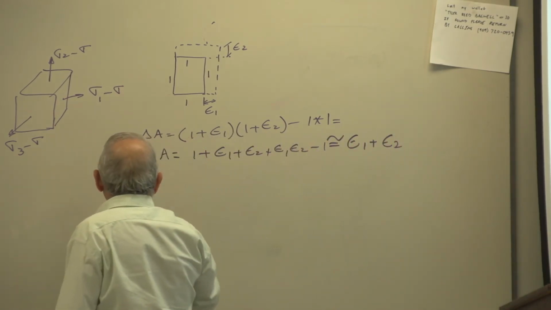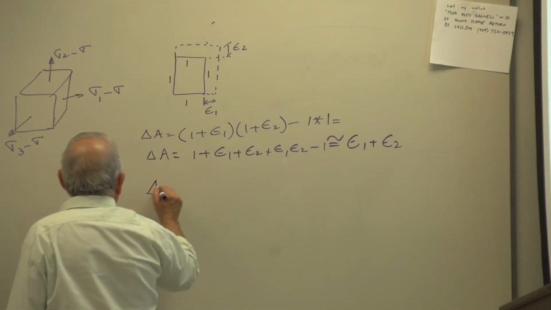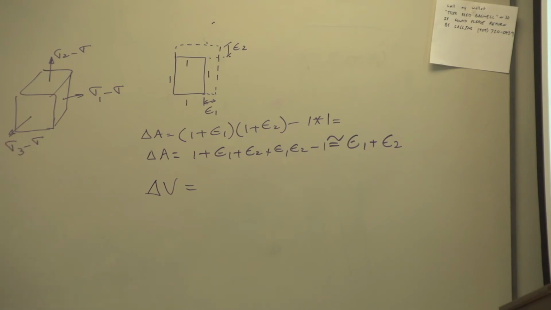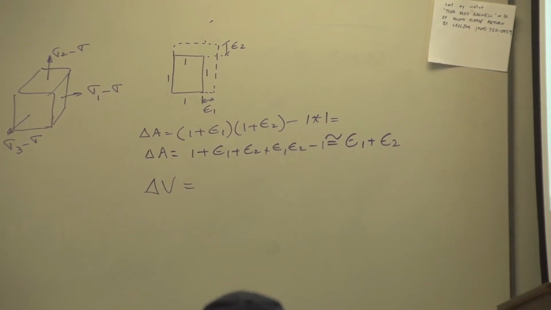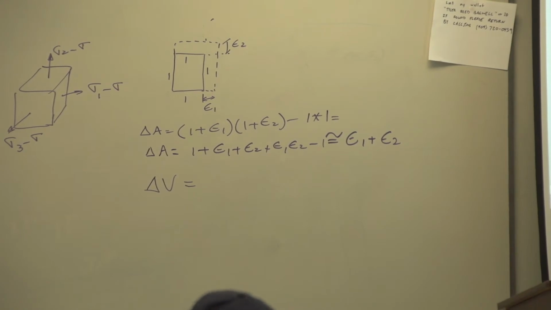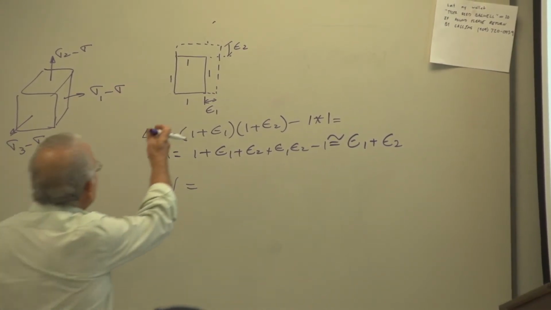So if this is delta A for 2 dimensions, what do you think delta V is for 3 dimensions? The change of volume. Epsilon 1 plus epsilon 2 plus epsilon 3. That's right. It just follows. Or you can do this 3-dimensionally if you like.